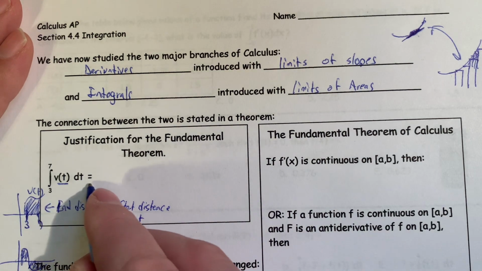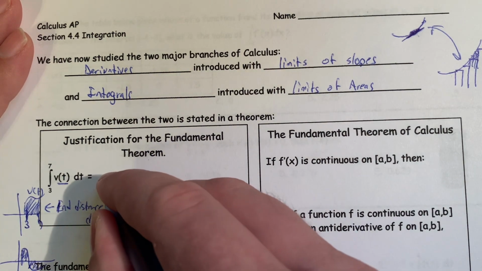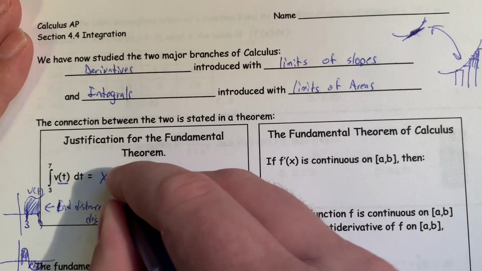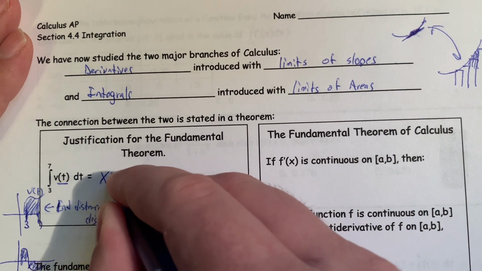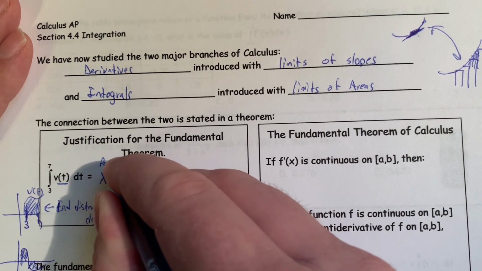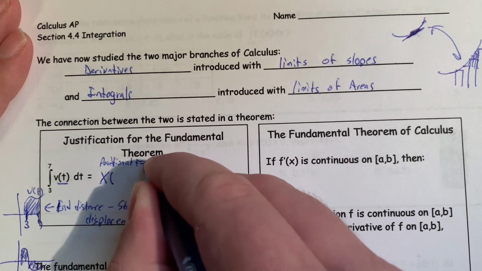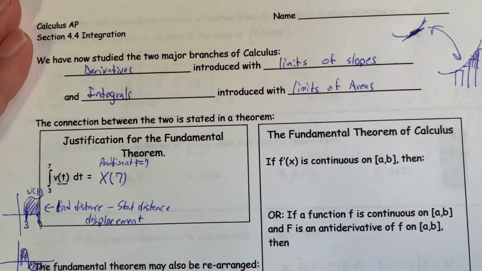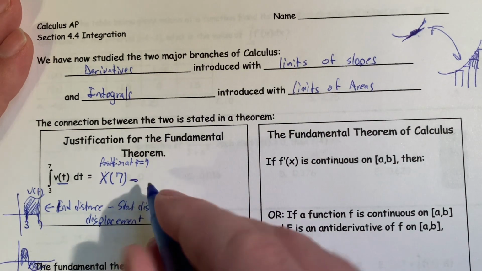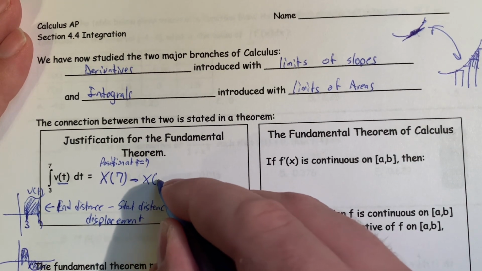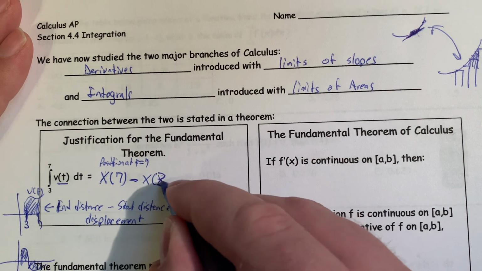So how do we write this? Well, the ending location is the position at t equals 7 minus the position at t equals 3.